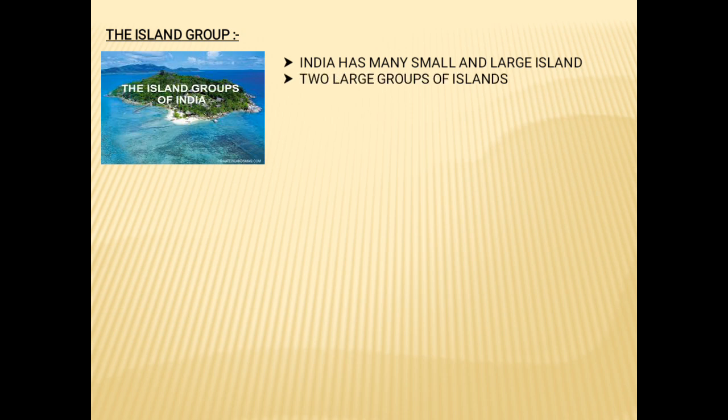Now we study about the island groups. India has many small and large islands along the coast of the mainland. These are included in the coastal island group. Besides, India has two large groups of islands, one each in the Arabian Sea and in Bay of Bengal.